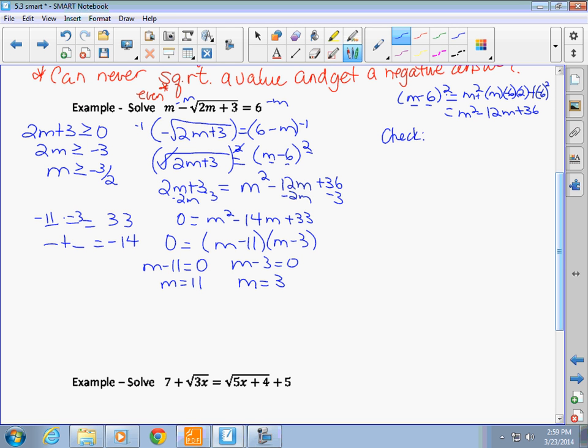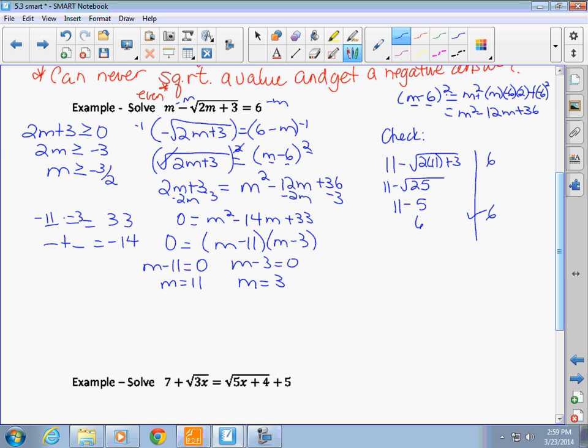So if I do my check, I'll do the 11 first. 11 minus the square root of 2 times 11 plus 3 equals 6. So this is 11 minus the square root of 25. So that's 11 minus 5, that equals 6. So that one works.